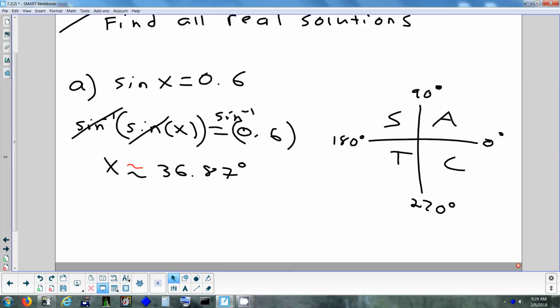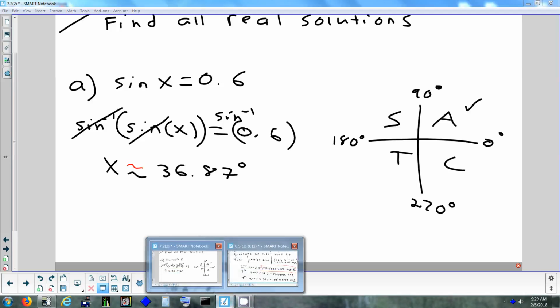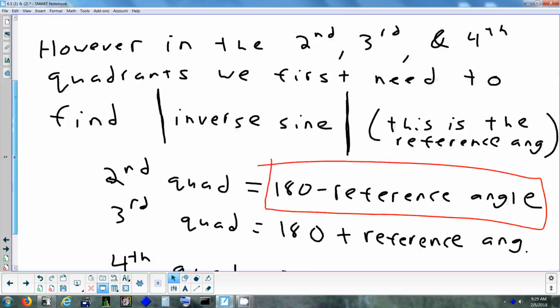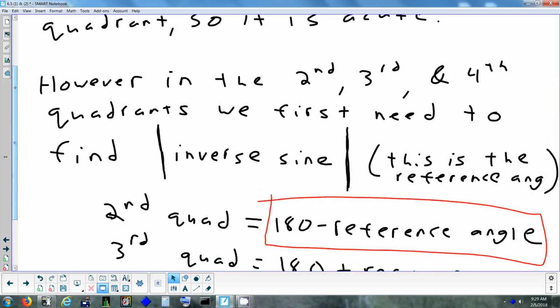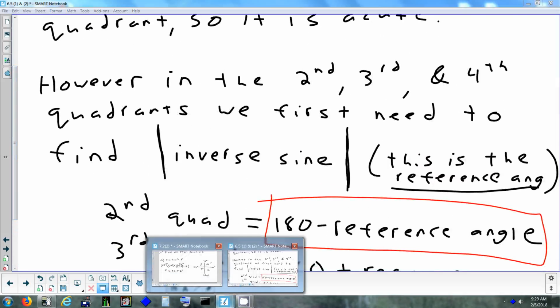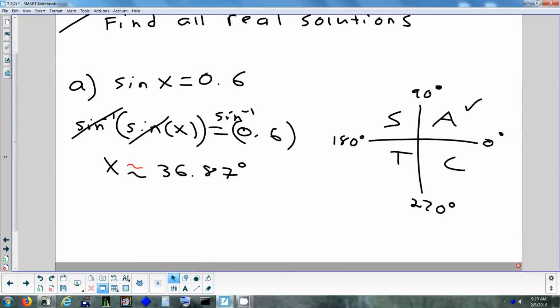Yep. Well, yes, those are where the two answers are going to be, but where is the first answer specifically? That's quadrant 1. So I just got an answer there. Because that angle is in quadrant 1, we talked about this before, if you do inverse sine, that is called your reference angle. So that 36.87, that's my reference angle.